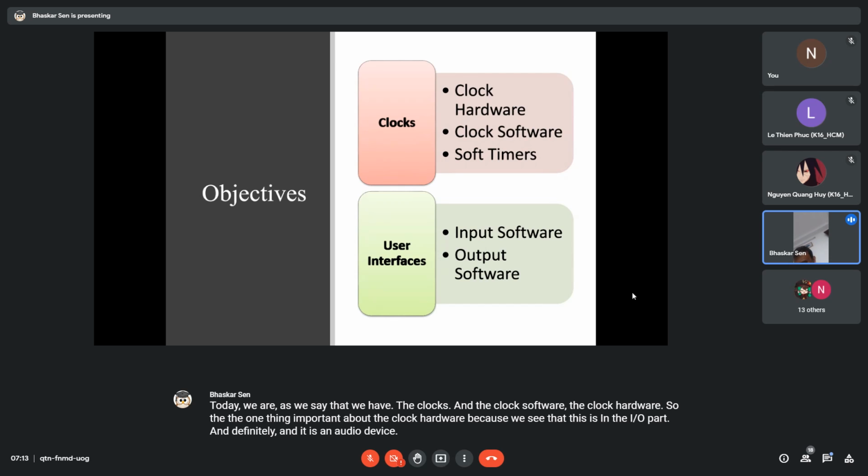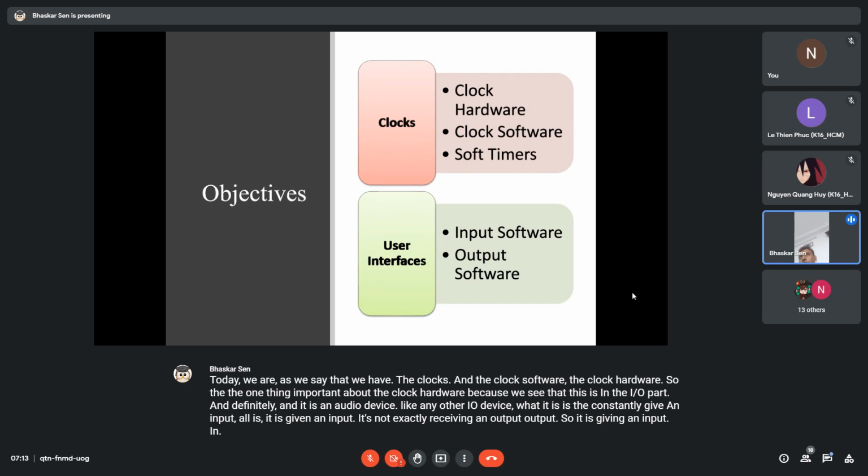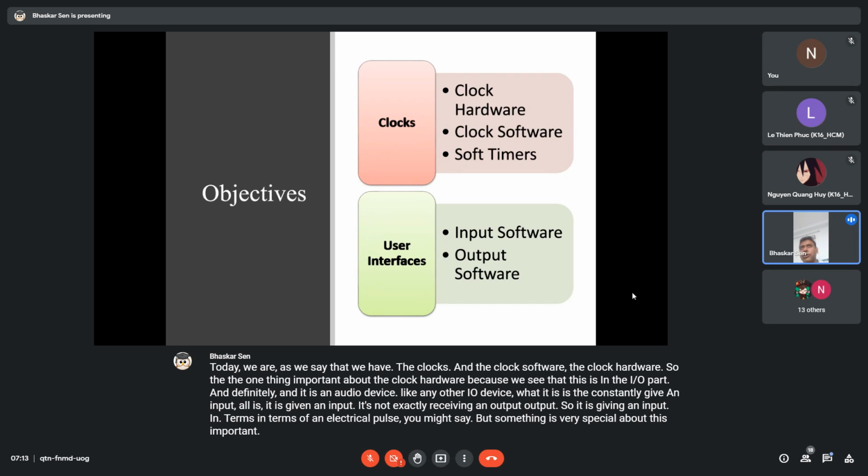Like any other I/O device, what it does is constantly give an input. It's not exactly receiving an output. It is giving an input in terms of an electrical pulse. But something is very special about this input device, the clock. Well, there are a couple of things.